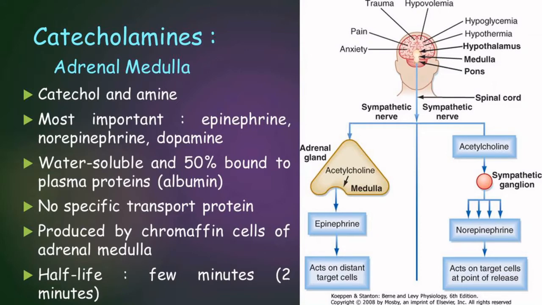So in this figure you can see that several factors act on the hypothalamus, medulla and the pons, including hypothermia, hyperglycemia, hypovolemia.